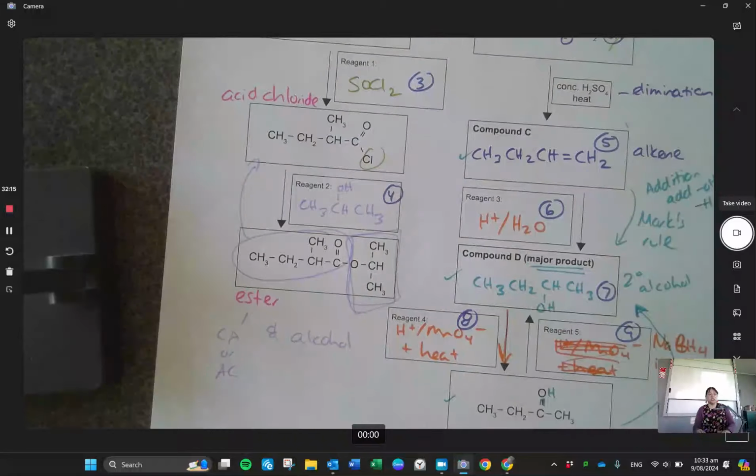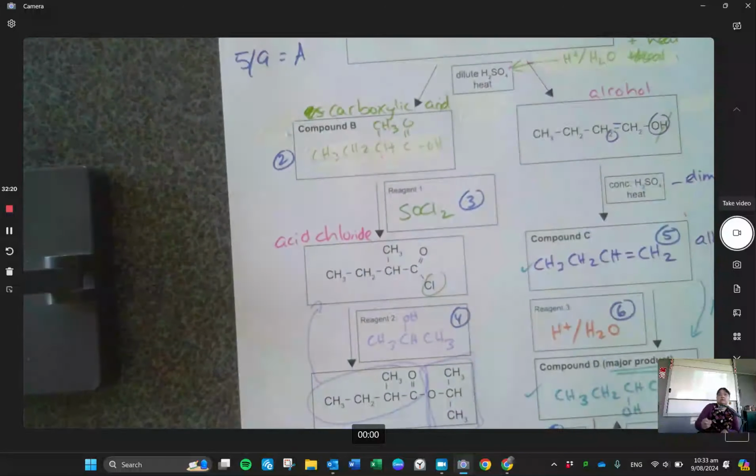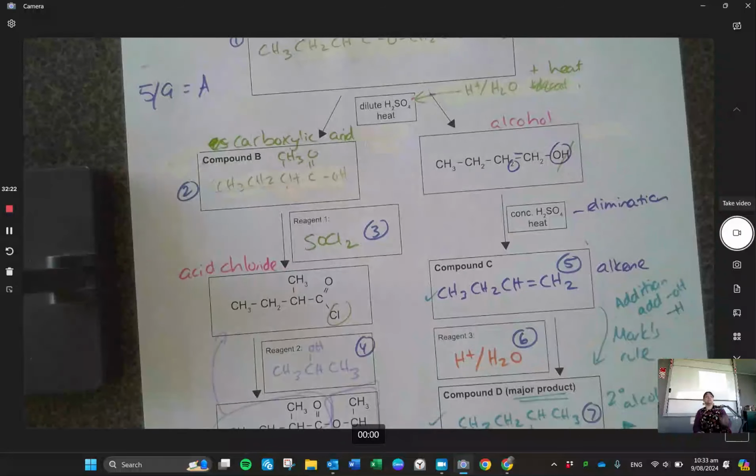There are 9 questions. You have to get 5 out of 9 for the achieved. That's what I'm saying. It's really hard to get achieved on these things, I find. Because if you don't know, you just don't know. You don't even know how to get started.